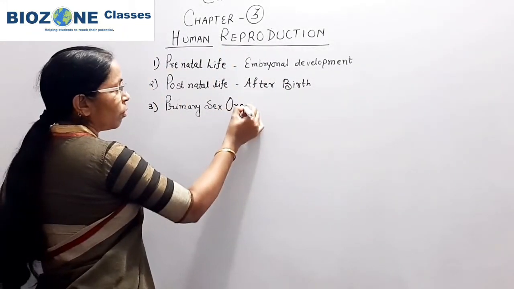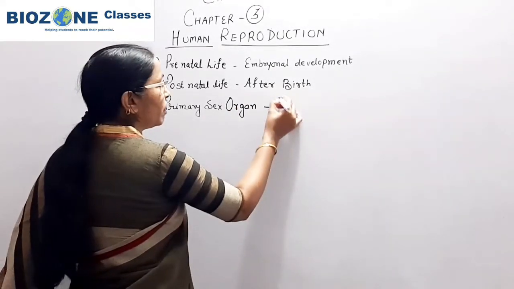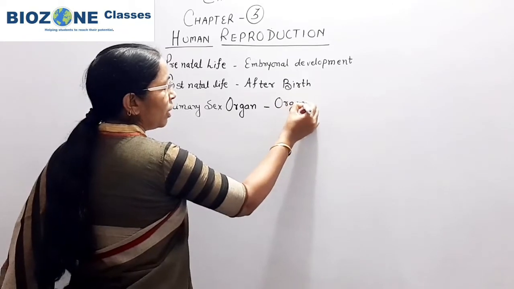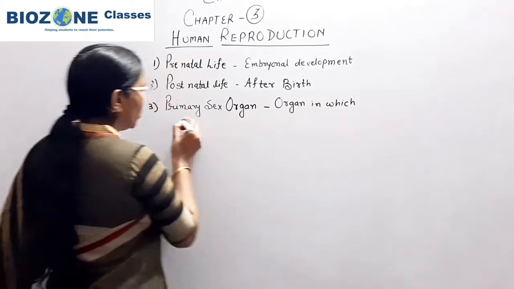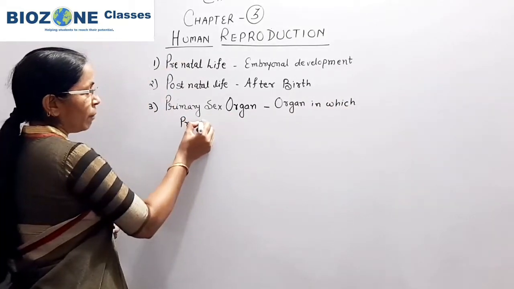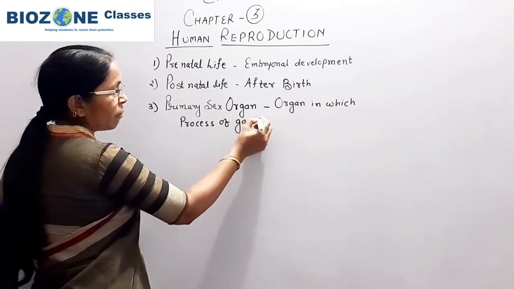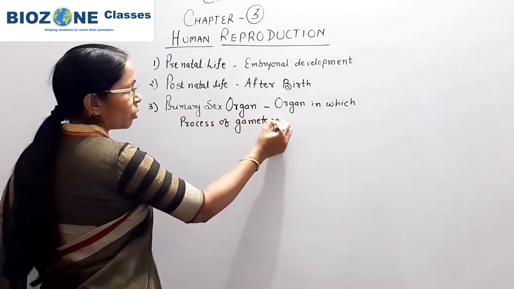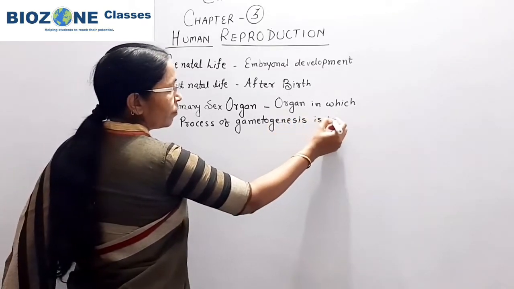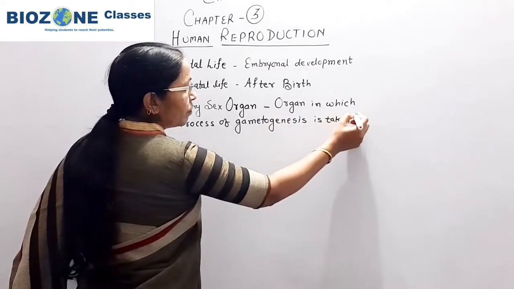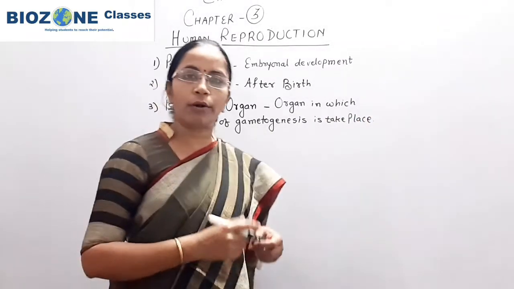For what purpose are they called primary sex organs? Here you remember, the organs in which the process of gametogenesis takes place are called primary organs.